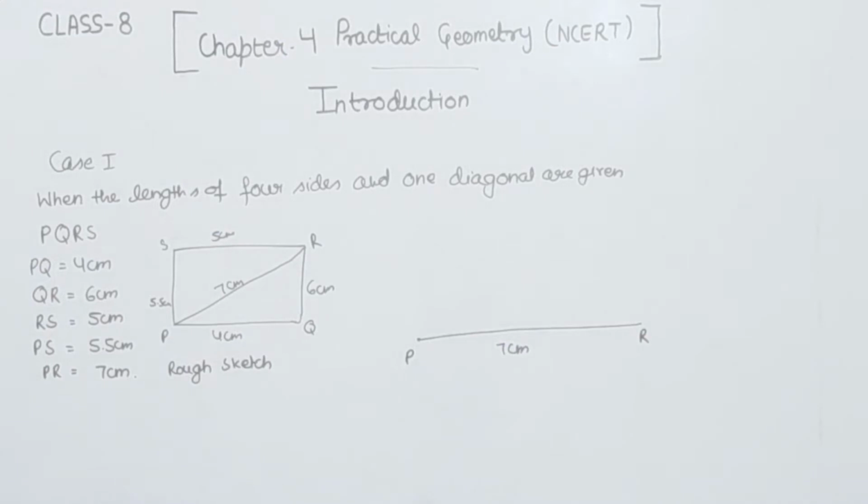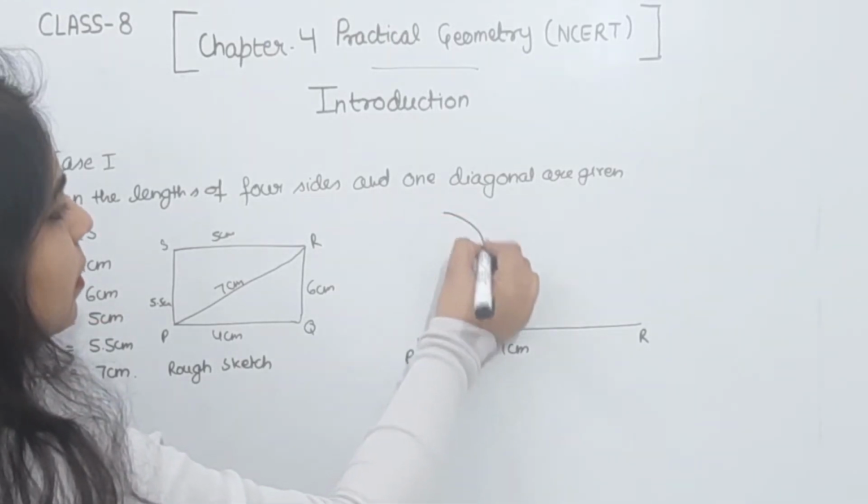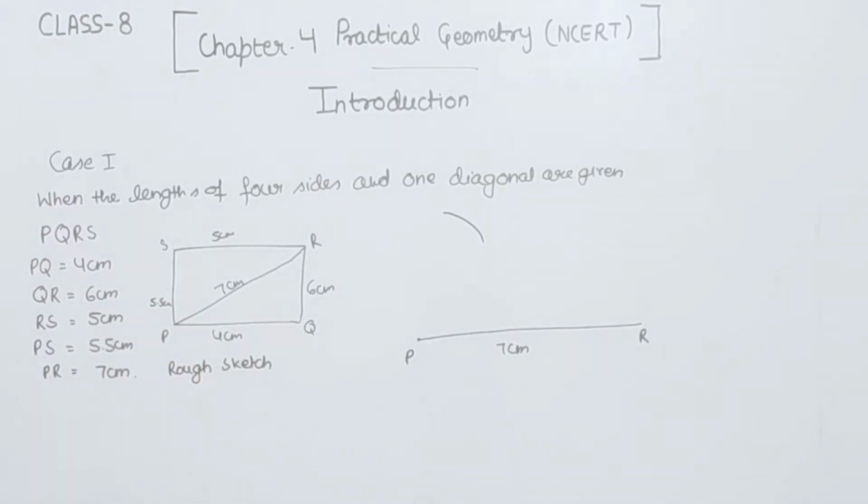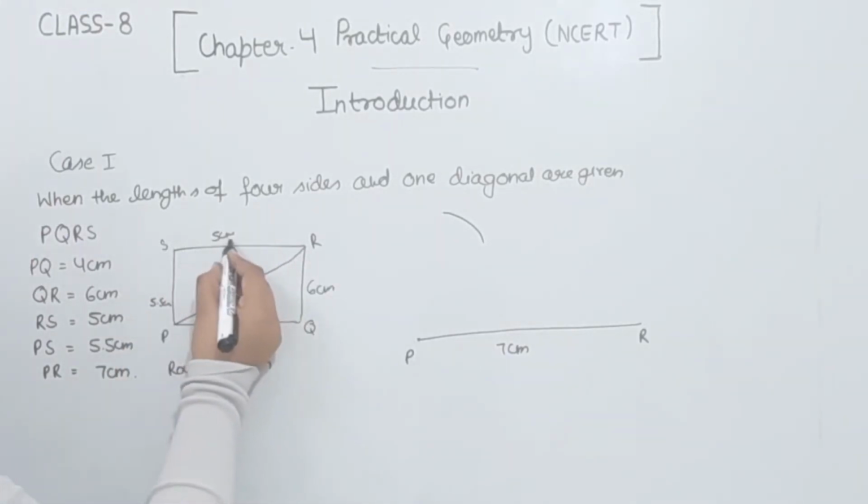Now we are going to take the point S. Now we will have PS as 5.5 cm. So we are going to take 5.5 cm on the compass and we are going to put the arc with the measurement of 5.5 centimeter. Now we are going to take RS as 5 centimeter.